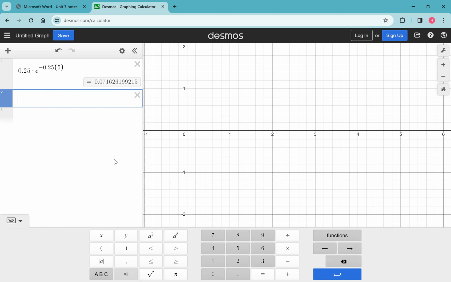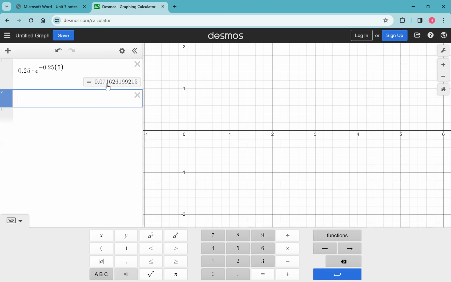There. So the probability that this person will spend 5 minutes is 0.07. There's a probability that the clerk will spend 5 minutes on the next customer.